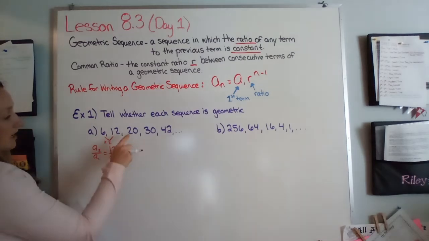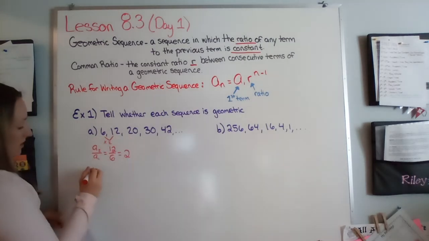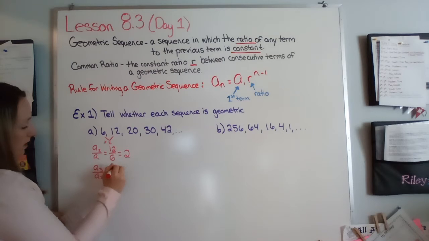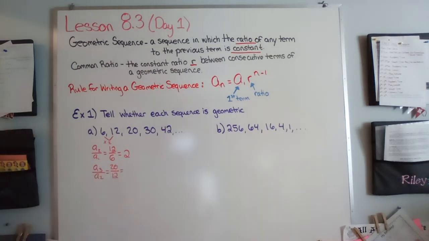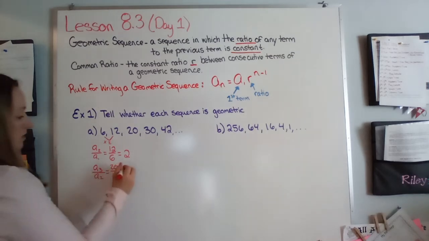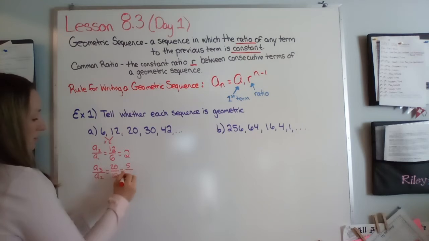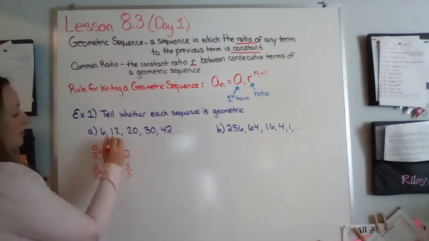Now if I take the third term and put it over the second term, I'm going to have 20 over 12. All right, what are they both divisible by? They're both divisible by 4. So 4 goes into 20 5 times. 4 goes into 12 3 times. So that means to get from 12 to 20, you're multiplying by 5/3.